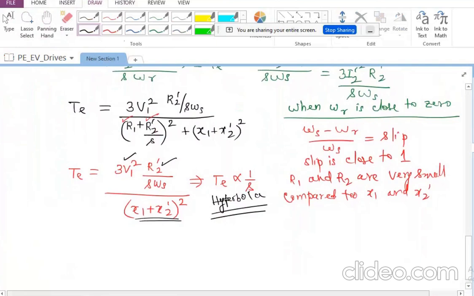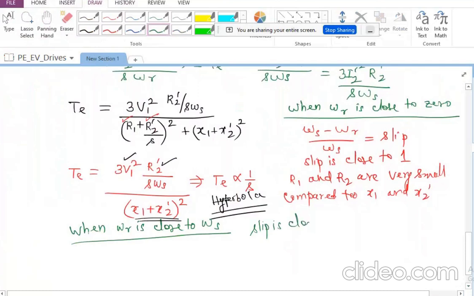Whereas, when I am looking at the other range, when omega R is close to omega S, slip is close to 0.